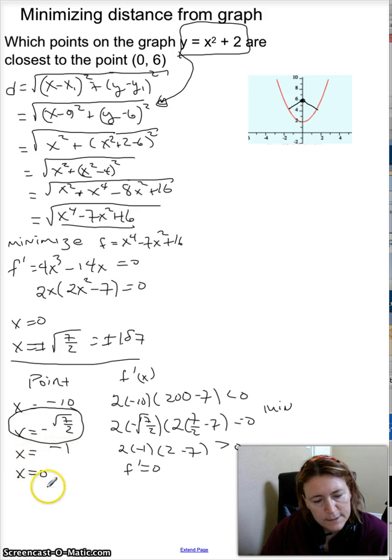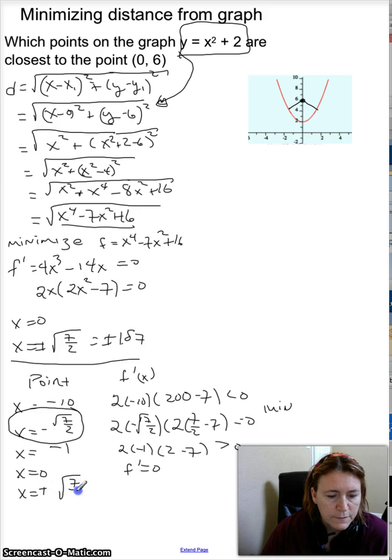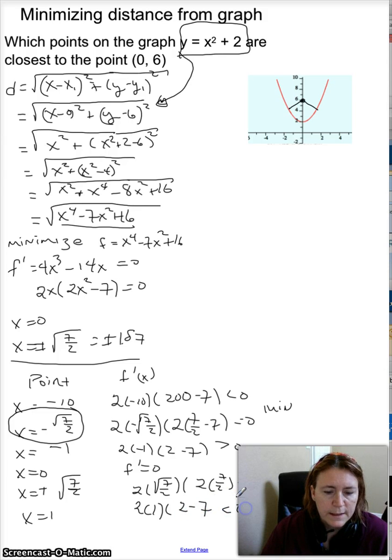And now let's continue going this way. Let's look at x equals positive square root of 7/2. We have 2 times square root of 7/2 times 2 times 7/2 minus 7, which is 0. I should have looked at x equals 1. Happens. At x equals 1, it's 2 times 1 times 2 minus 7, so it's negative.